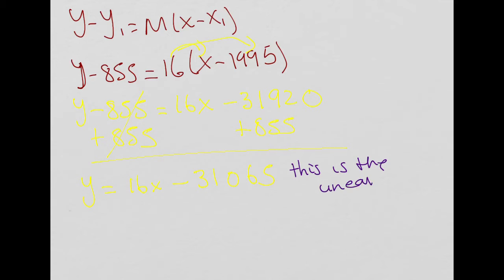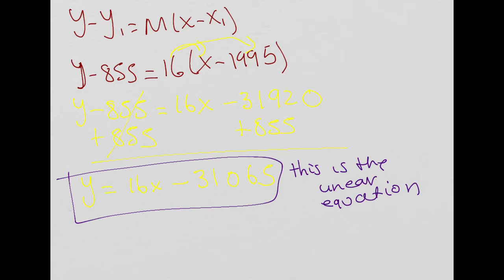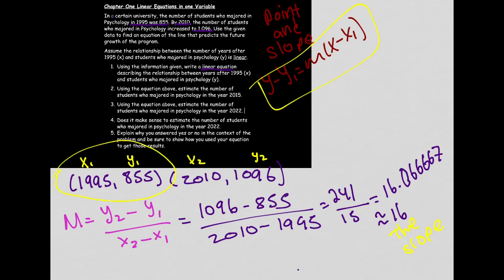Well, it wants some information. So we found this part A. Okay, let's go back to the problem. So we have number 1 done. Now number 2, using the equation above, estimate the number of students who major in psychology in 2015.